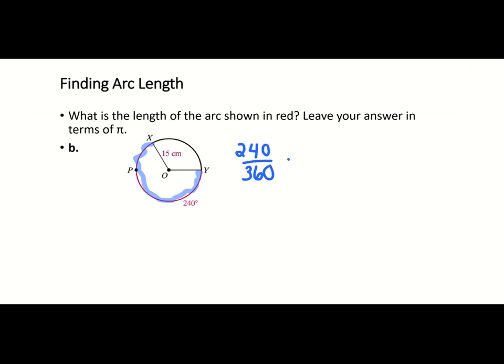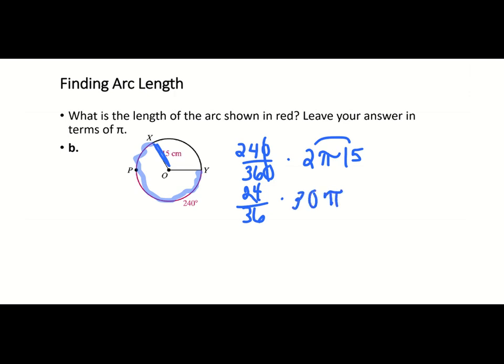And then they gave us a radius this time. It's 15 centimeters. So we'll do 2 times pi times 15. Now, I can do a little simplifying before I multiply this out. I can simplify this fraction. First, I'm going to divide by 10. So I'm going to get rid of those zeros. So now I have 24 over 36. And I'm going to do 2 times 15 and get 30 pi here.